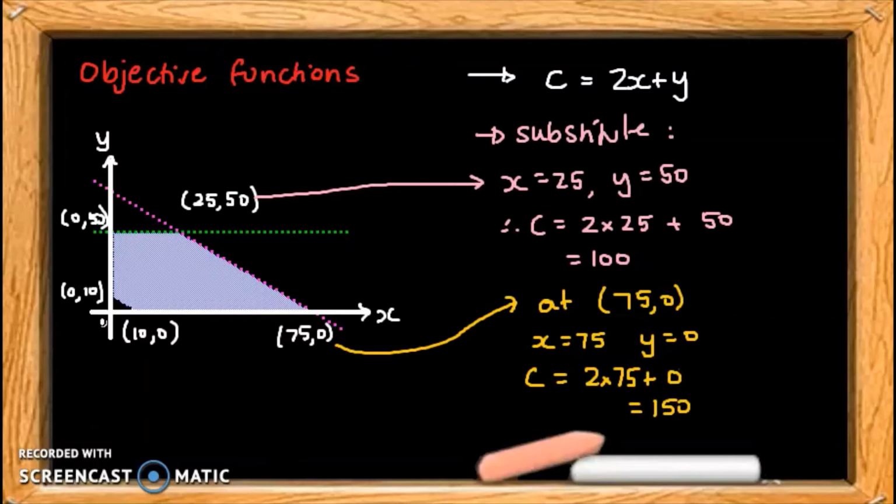So if I had a look at all of the other points as well, I would find that the highest value of C would be 150. So therefore, my objective function tells me that my best scenario is where x equals 75 and y equals 0.